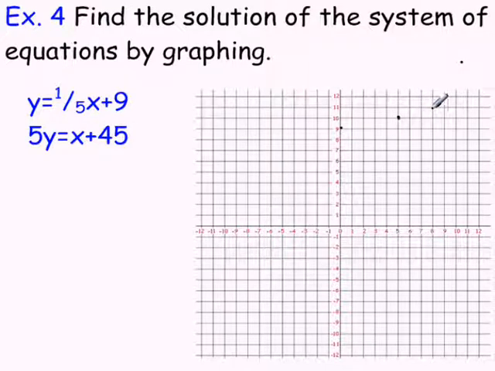If I want to keep going, 1 up, 1 over 5 again. Then I can do down 1 to the left 5. You know this works because they're staying in line. Okay, let me draw my line through here.